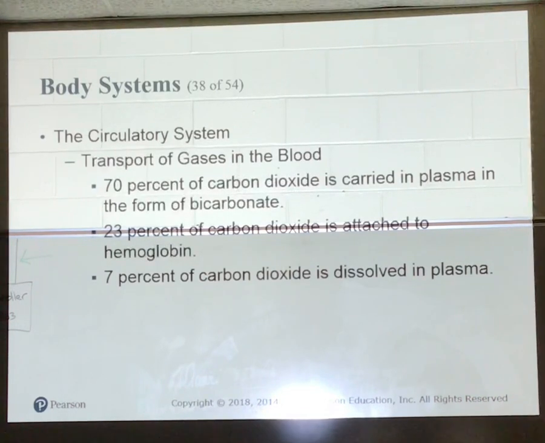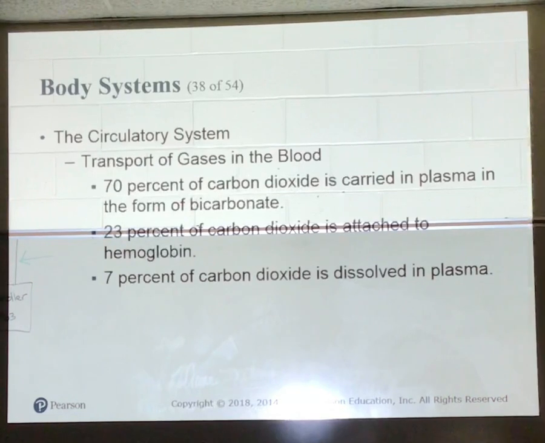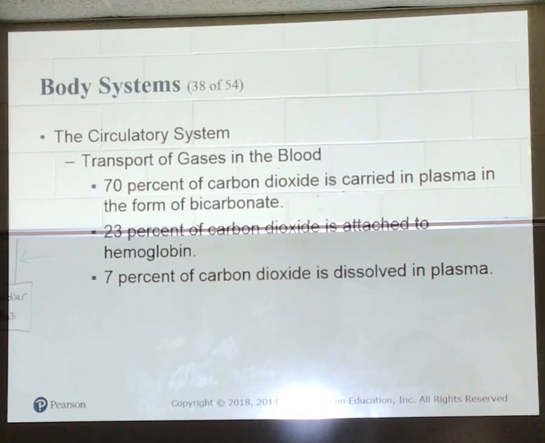When the bicarbonate reaches the lungs, it re-enters the red blood cell, combines with hydrogen, and dissociates into carbon dioxide and water. The carbon dioxide leaves the red blood cell and is blown off by the lungs. 23% of carbon dioxide attaches to hemoglobin on the surface of the red blood cell. It attaches to a different site than the site where oxygen attaches.